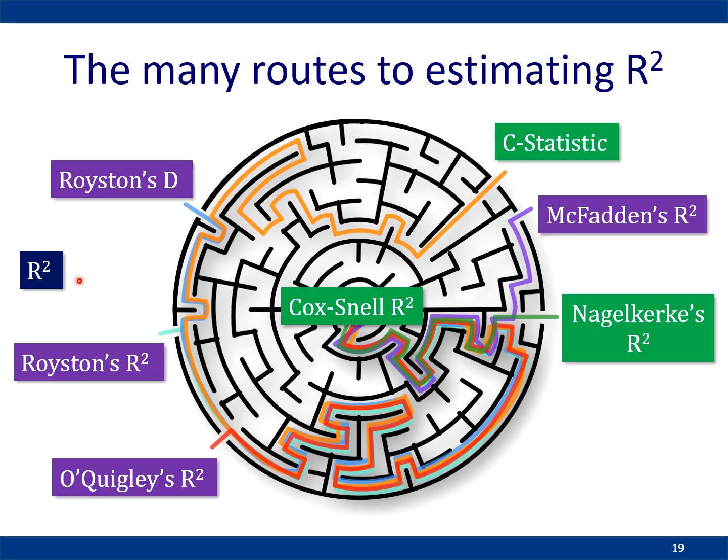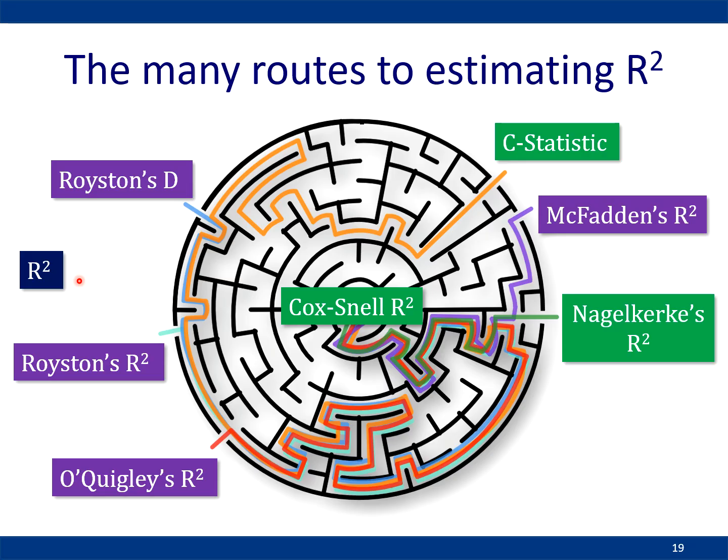And as Lucy described this morning, there are many different pseudo R-squareds for binary and time to event outcomes. So we could use O'Quigley's R-squared, Royston's R-squared, McFadden's, or Nagelkerke's R-squared.